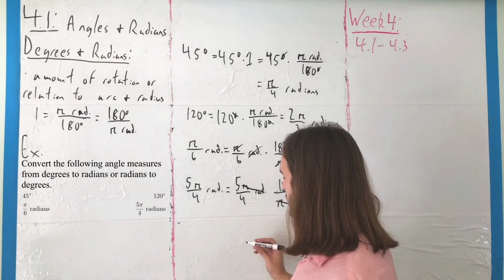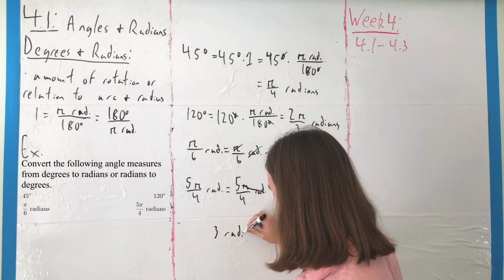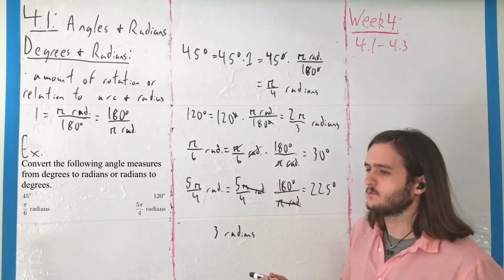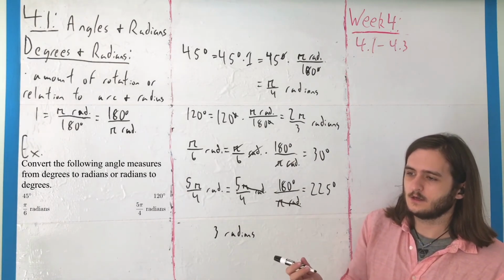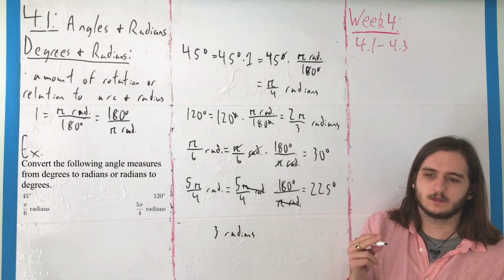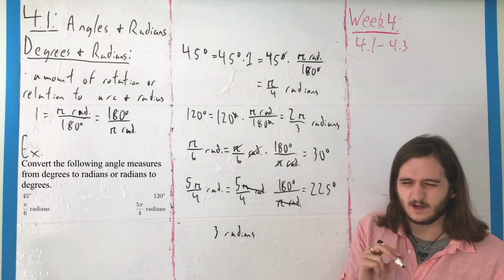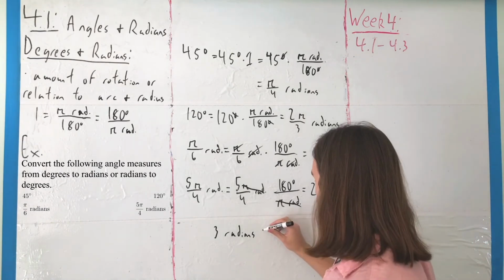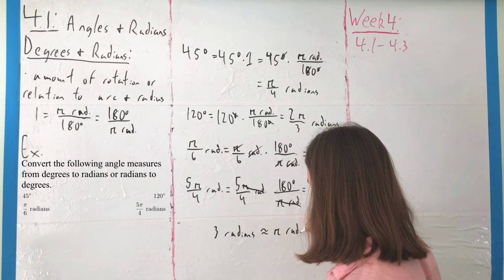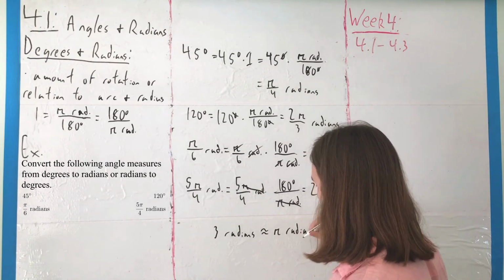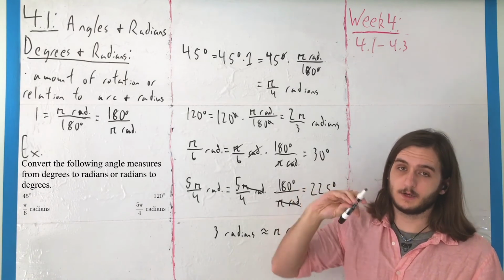I could say that we have an angle measurement of 3 radians, and we should understand that 3 radians isn't an angle of 3 degrees or 3 full radial rotations. It's actually just very close to being pi radians. It's a little bit smaller than that, but it's going to be close to a half rotation.